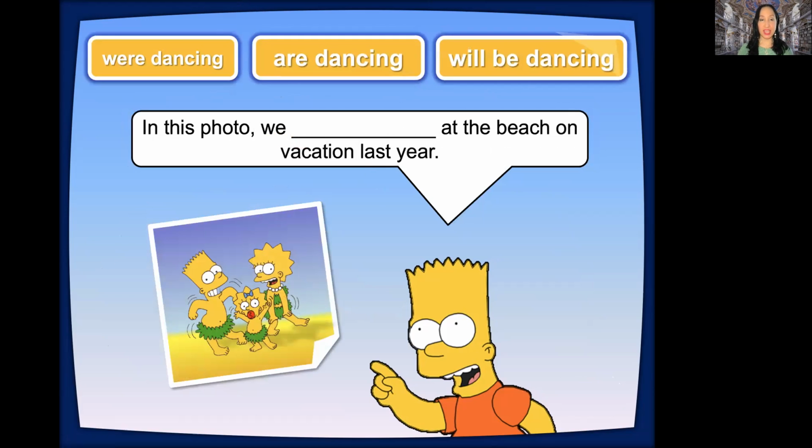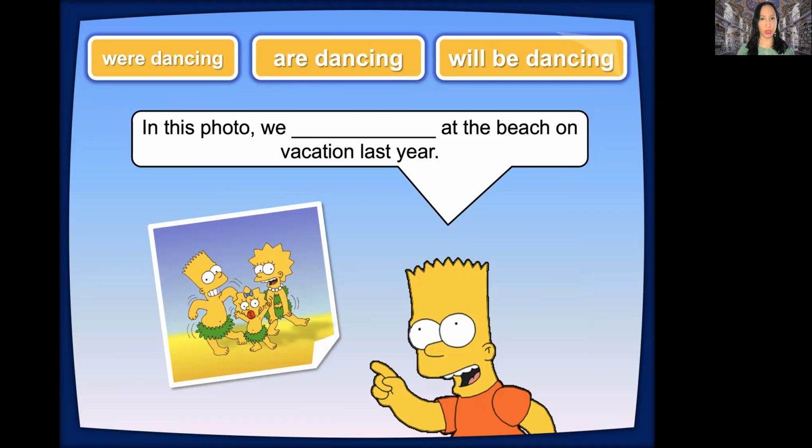Okay. In this photo, we blank at the beach on vacation last year. Okay. When did this happen? Correct. Last year. So if it happened last year, when did it happen? In the past, the present, or the future? Okay. In this photo, we were dancing at the beach on vacation last year.